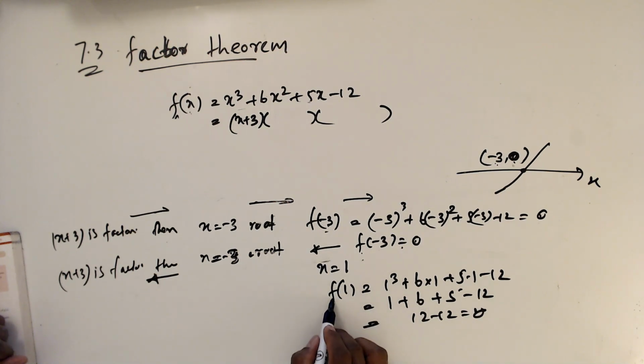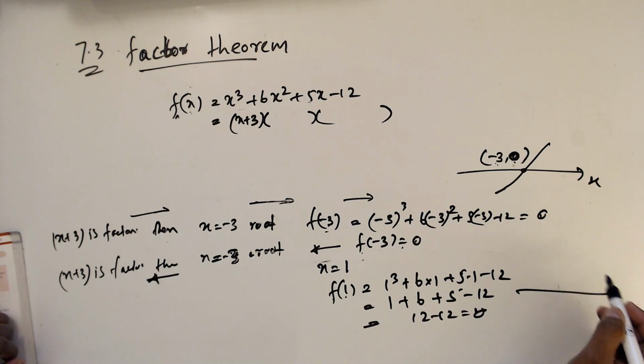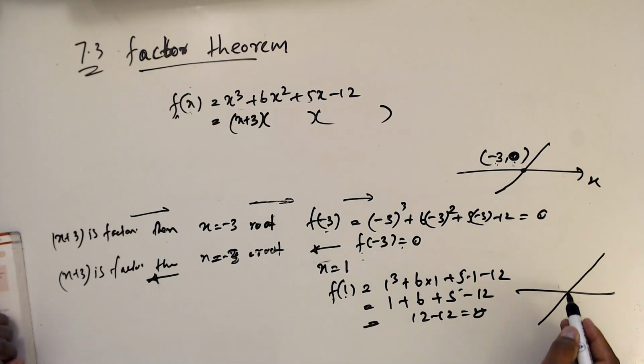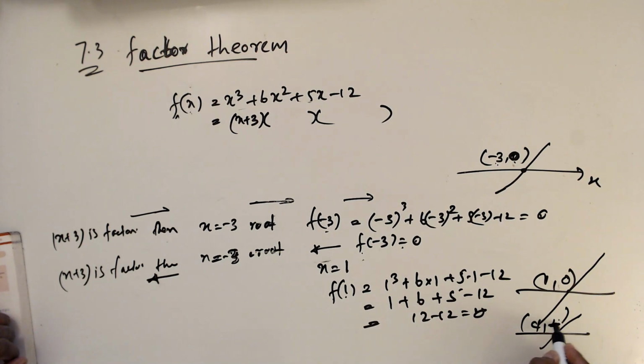When you substitute x equal 1, the value makes it 0. It's a root then. Earlier when you substituted x equal 4, it gave something else. So if you get a value, it's not a root. But now, yes, it makes 0. It's a root then.